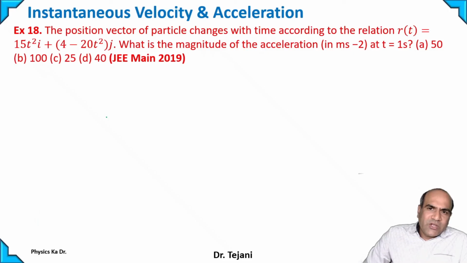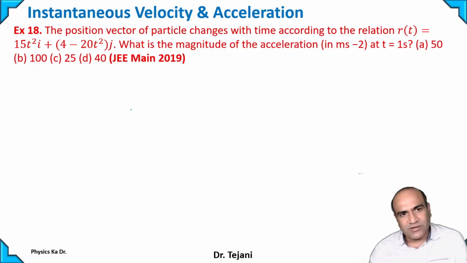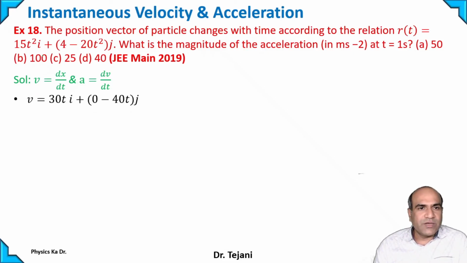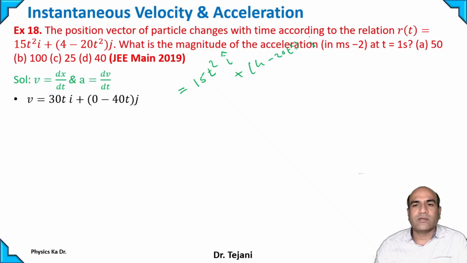So what is the magnitude? It is asked for the acceleration. We have the equation of displacement, and therefore v is equal to dr by dt. If we differentiate this, the equation is 15t square i cap, the x direction, plus 4 minus 20t square j direction.